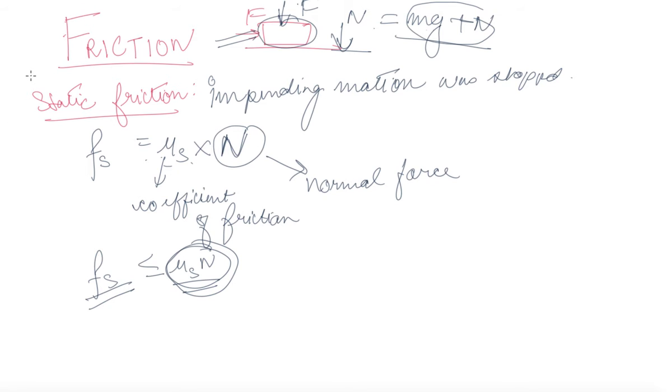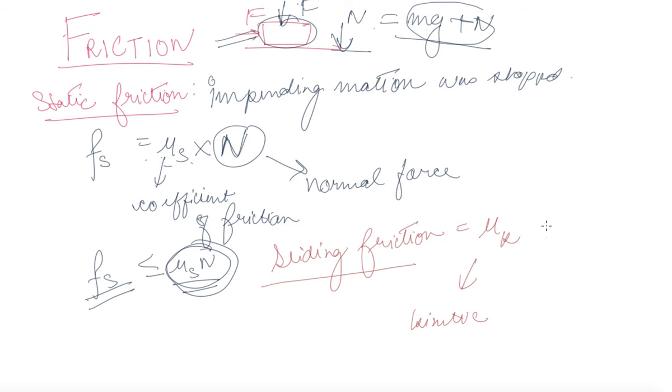Now let's come to sliding friction. The sliding friction can be written in such a way that it has a coefficient of sliding friction, that is the kinetic friction that you experience, into N, the normal force that has been applied.